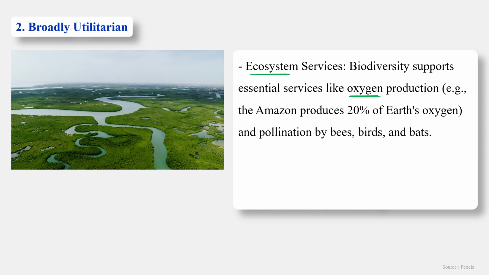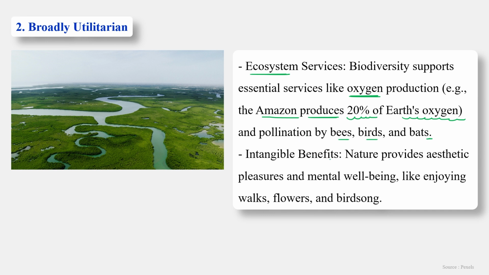You will be surprised that the Amazon rainforest, only this particular area, gives 20% of Earth's oxygen, and it's a huge number, right? Similarly, pollination is done by different types of bees, birds and bats. If these are not there, then what kind of insects will help in pollination and cross pollination, how will fertilization occur, how will we get different types of fruits and vegetables, right?